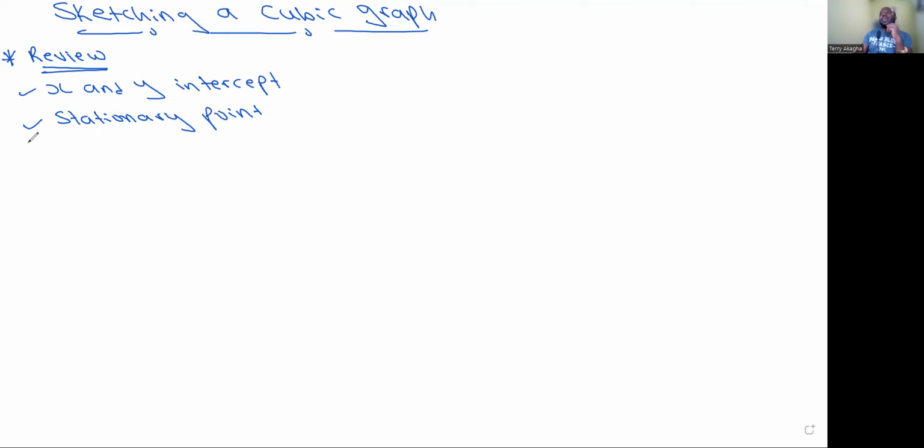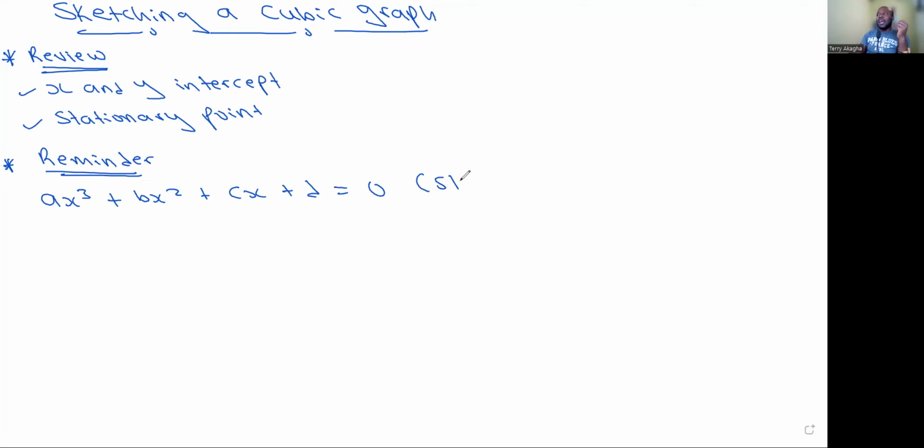All right, so let's get straight into this. Just a reminder, I've talked about this. I know you say, oh, Terry has said this a lot of times. The standard form for a cubic function is ax cubed plus bx squared plus cx plus d is equal to 0.